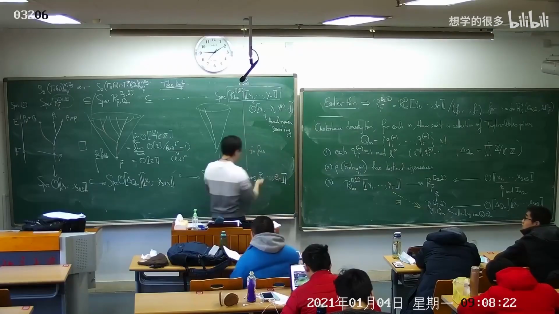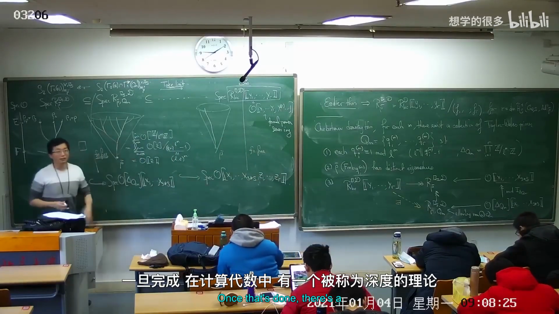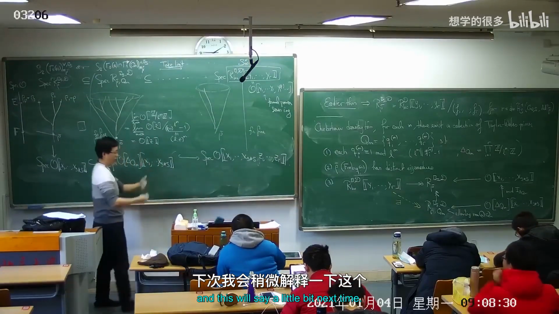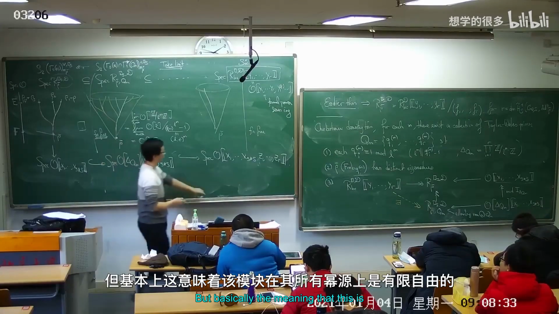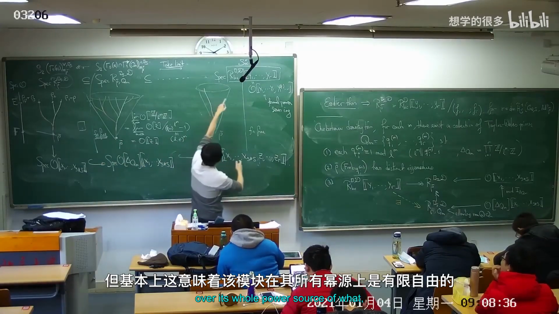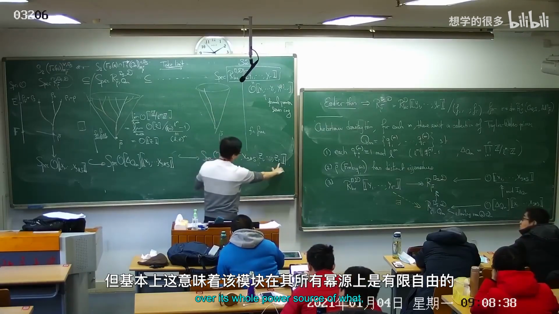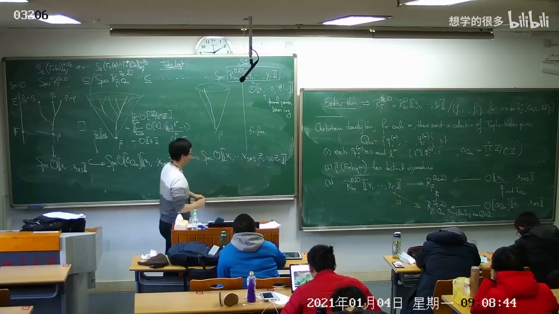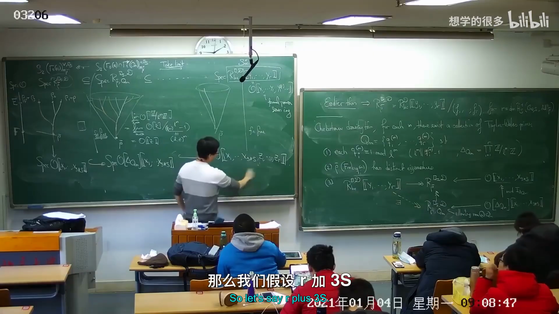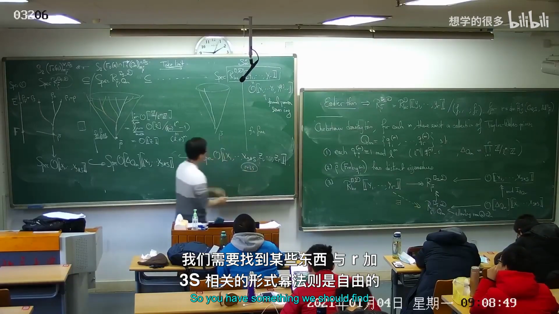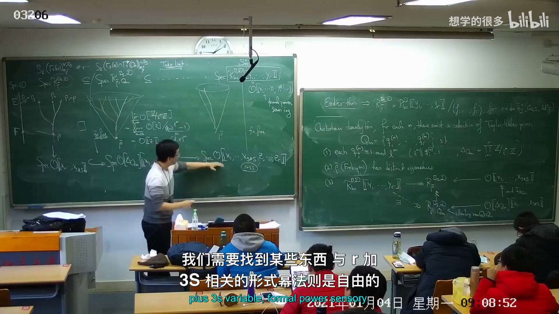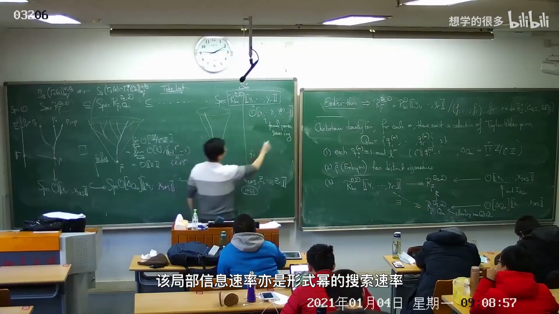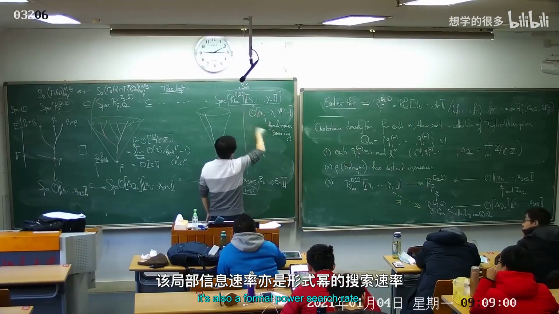Over this space here. Once that's done, in commutative algebra there's a theory called depth, and we'll say a little bit next time. Basically the meaning is that the module is finite free over this power series ring in how many variables? R plus 3 times the number of primes in S, so R plus 3S variables. Whereas this local deformation ring is also a formal power series ring.